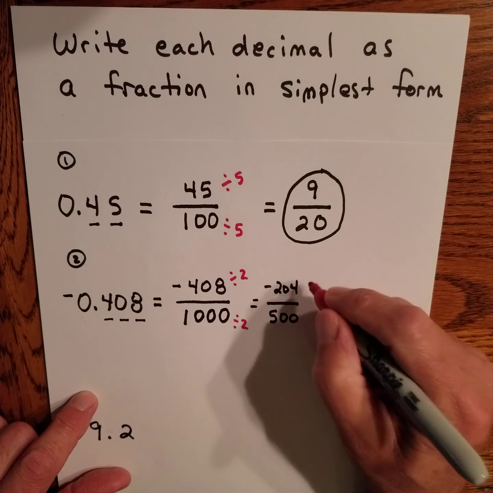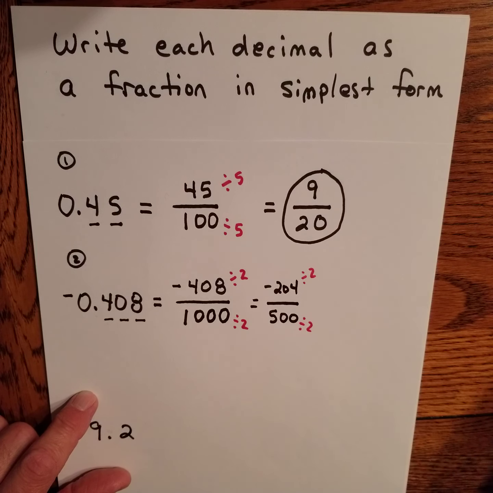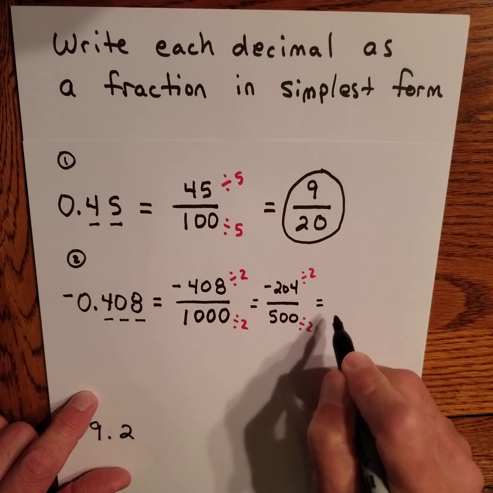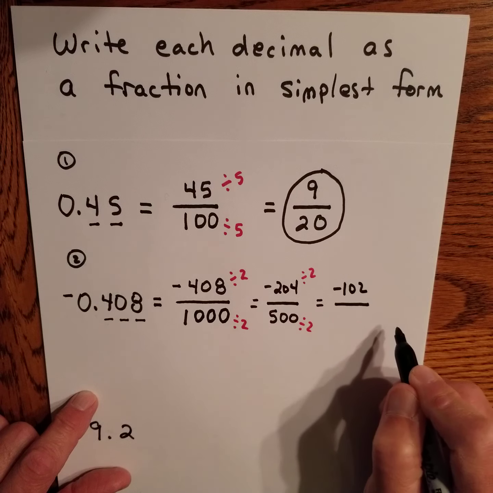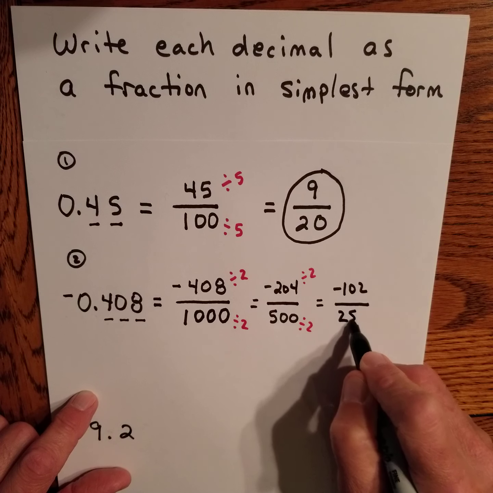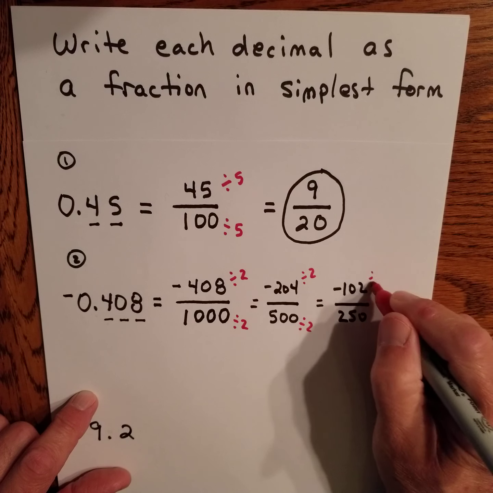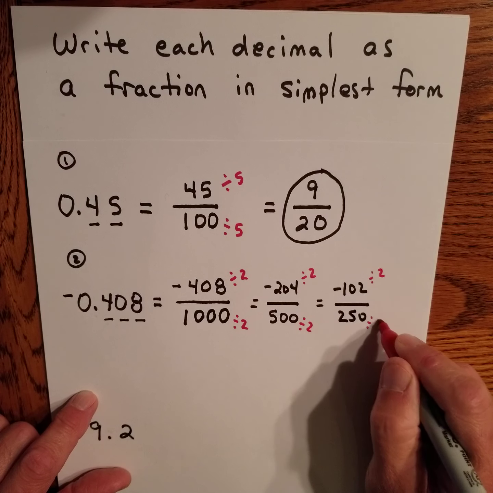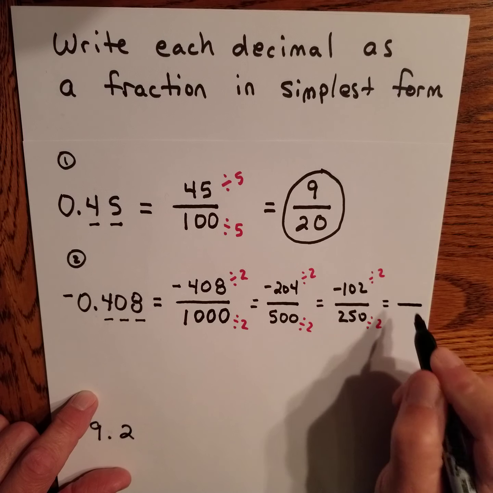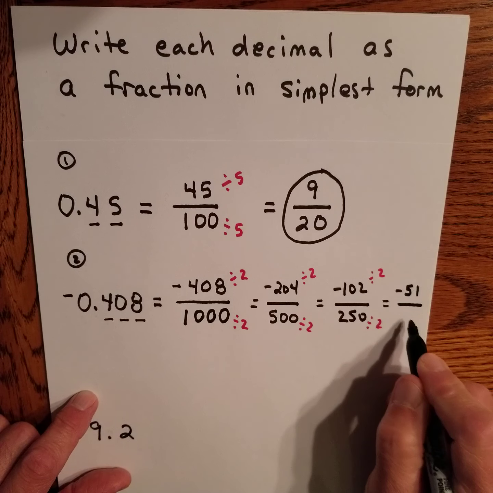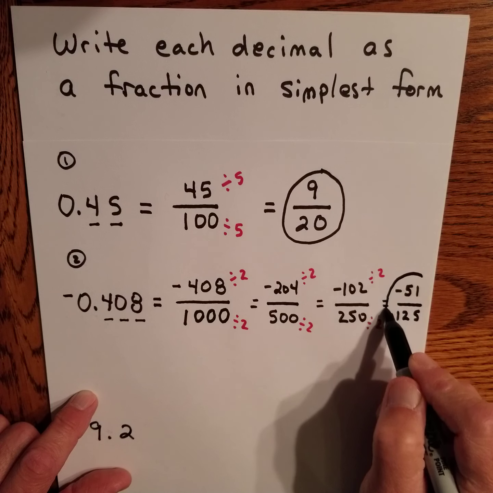Those are both even numbers. Let's divide by 2. Divide by 2. That's negative 102 over 250. Even numbers again. Divide by 2. Divide by 2. That's negative 51 over 125, and that doesn't reduce any further.